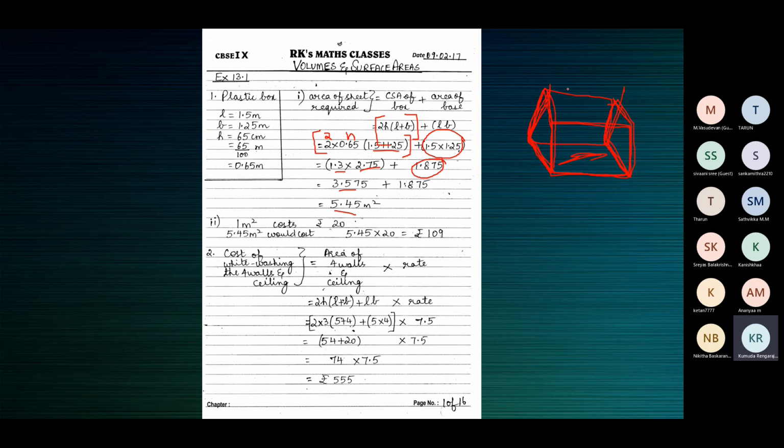The area of the front face and the back face will be L into H. The area of the back face also is L into H.